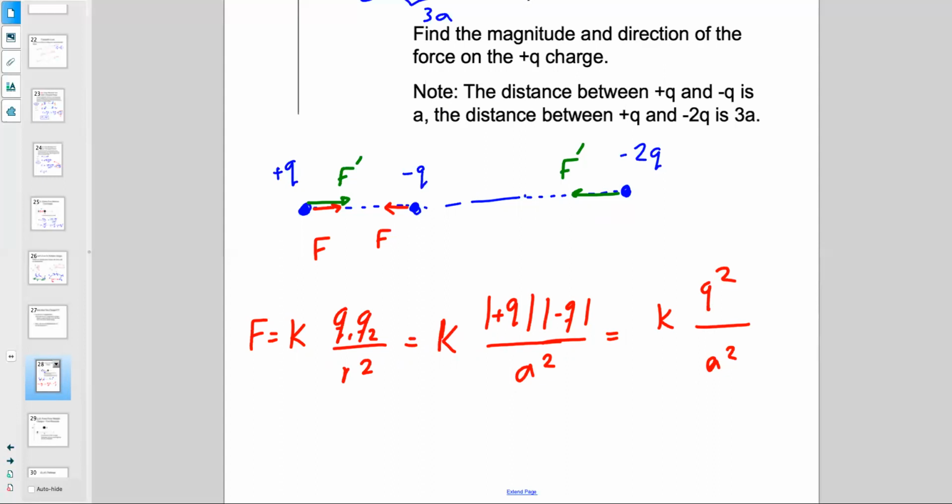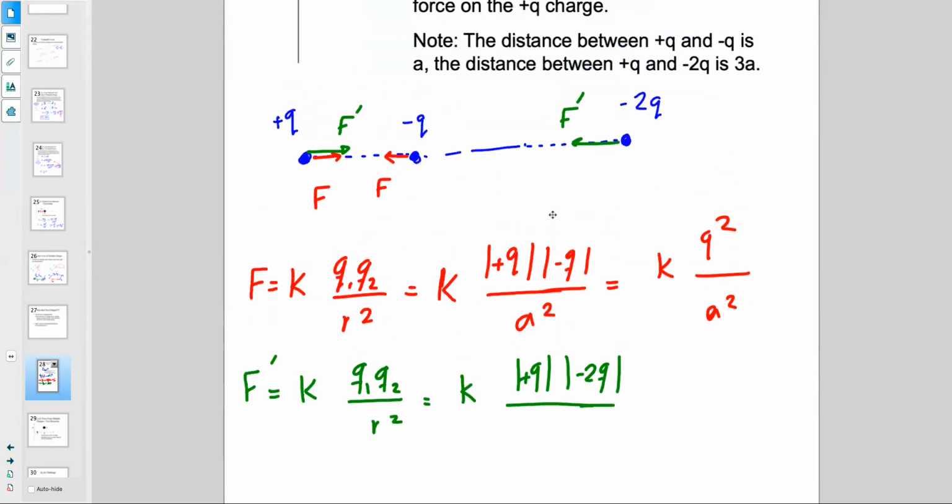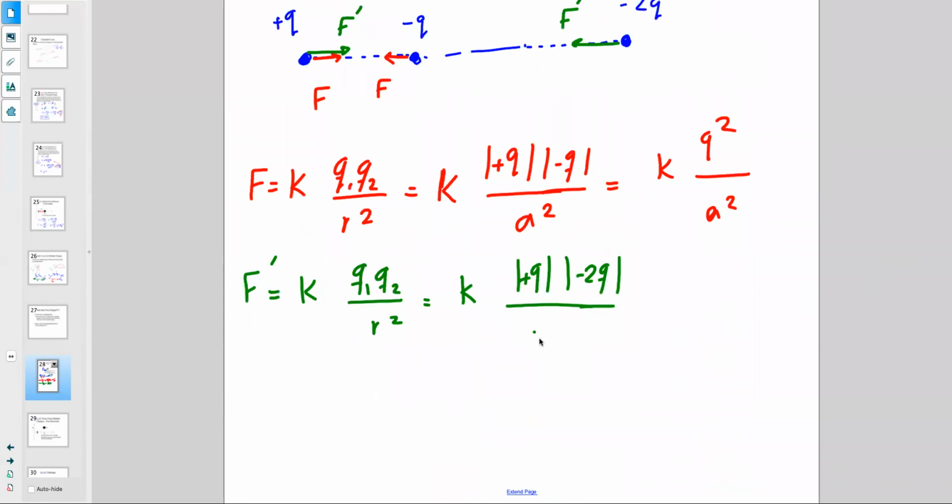Now let's talk about F prime. F prime is K Q1 Q2 over R squared. Q1 is positive Q, and Q2 is negative 2Q. R, the distance between them, is 3A, so you have 3A squared. So you have K times 2 Q squared over 9A squared.